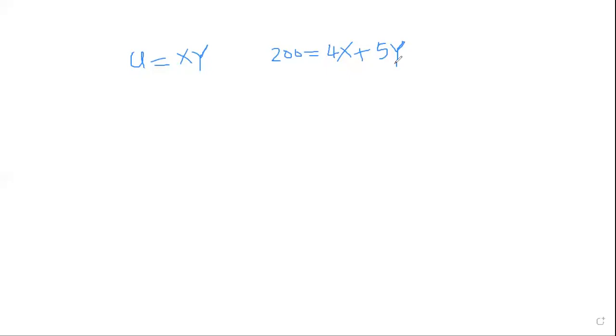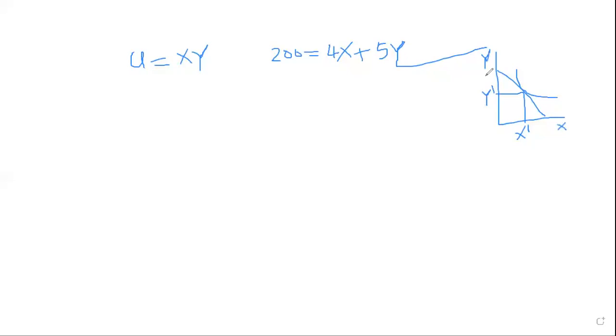In other words, find the quantity that would result from this, where the indifference curve is tangent to the budget line. So this is x and this is y. You have to find this.